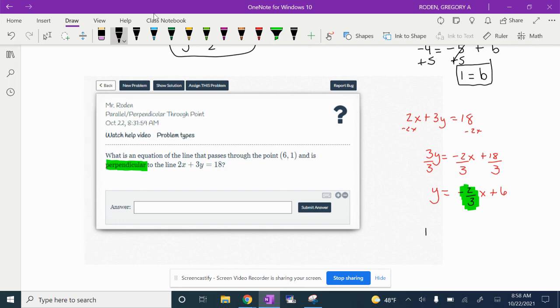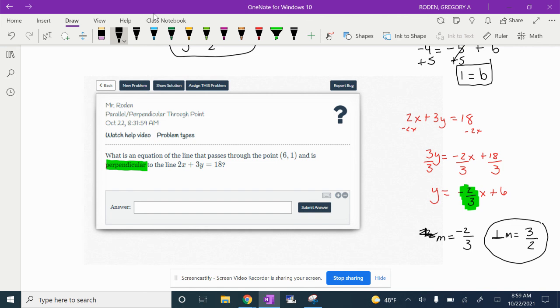So if my slope is negative 2/3, the perpendicular slope is going to be flip it and change the sign. So I'm going to flip it and say 3/2, and since it's negative, I'm going to change it to a positive. So there's my slope I want to use for my new line.